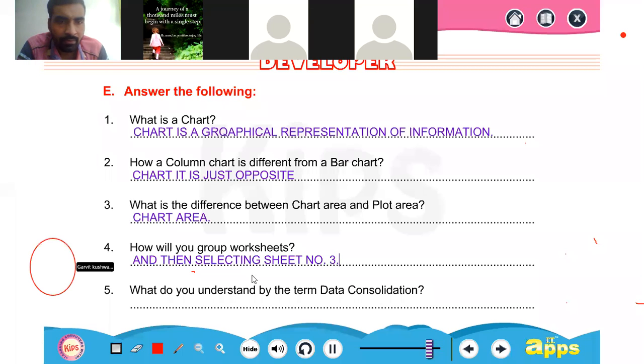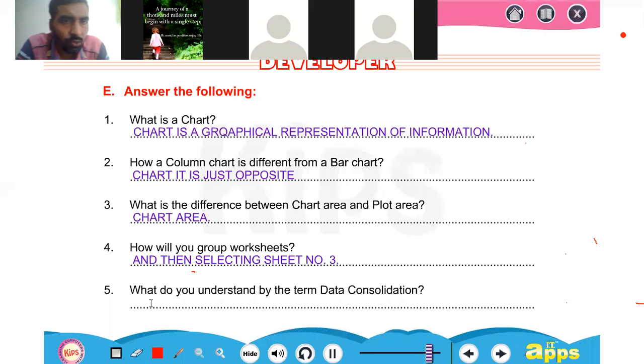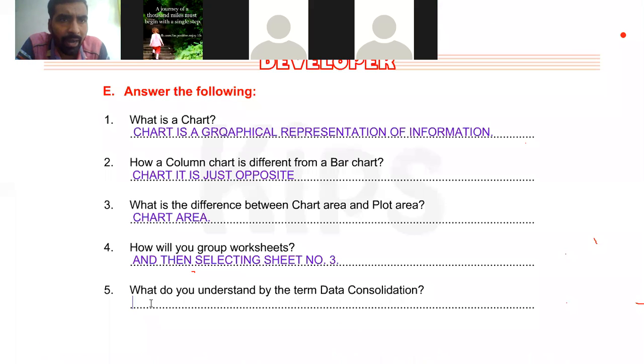Okay, what do you understand by the term data consolidation? Data consolidation means to join or combine data of different worksheets.